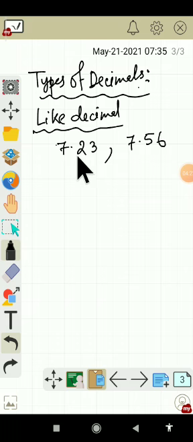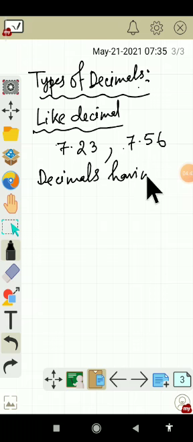That means they have the same number of digits after the decimal point, or we can say decimals having the same number of decimal places.